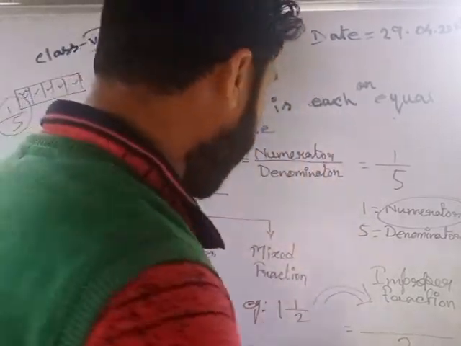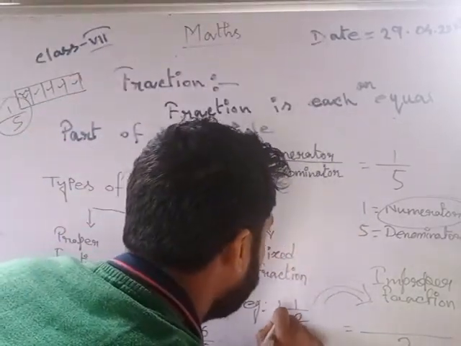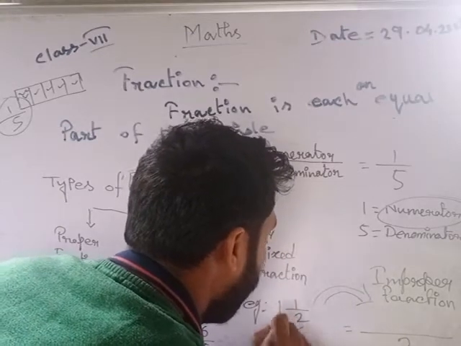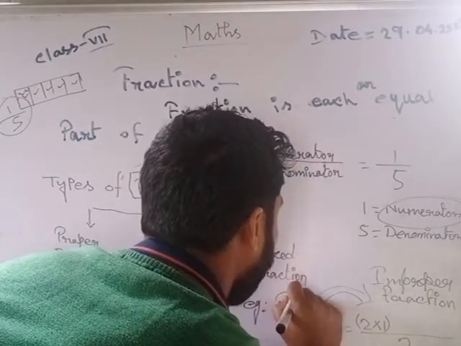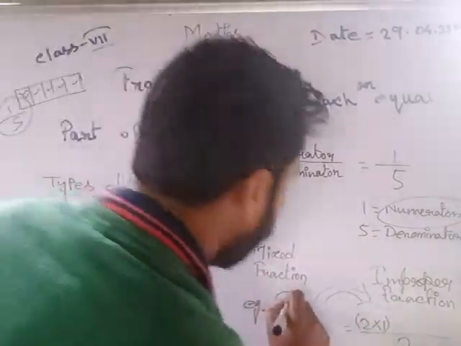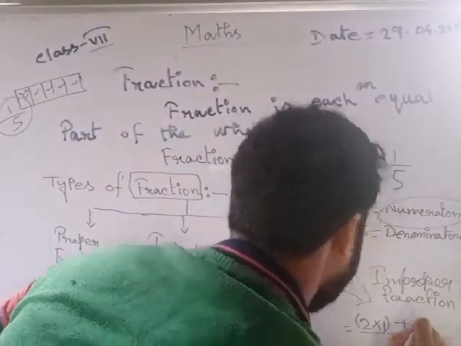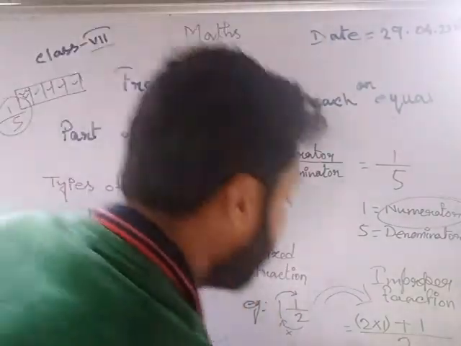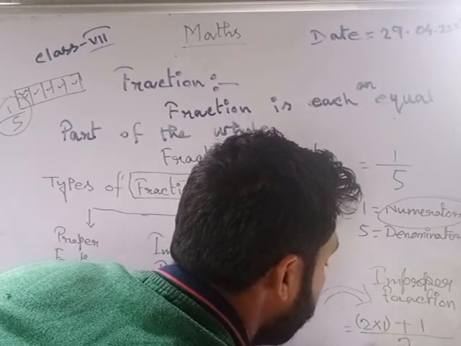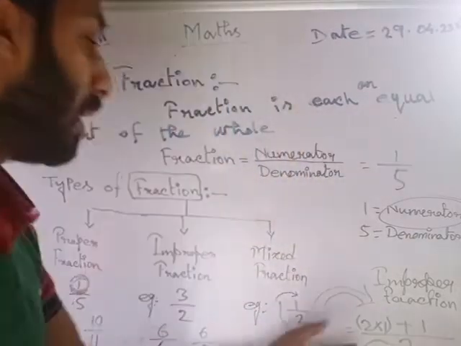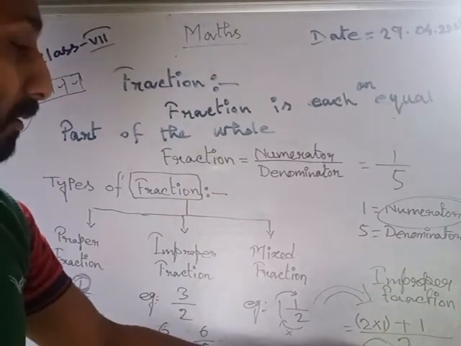For the numerator, we multiply 2 with 1 at first. After that, the multiplication result is added to the numerator. 2 ones are 2, plus 1, that is 3. So 3 by 2. It is converted into an improper fraction, where the numerator is greater than the denominator.